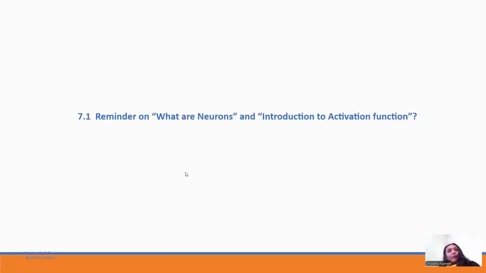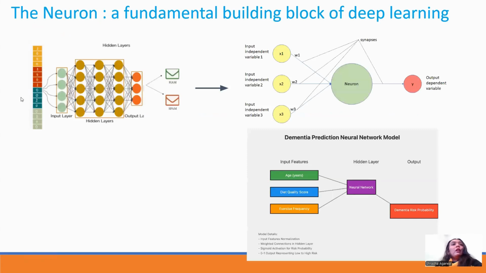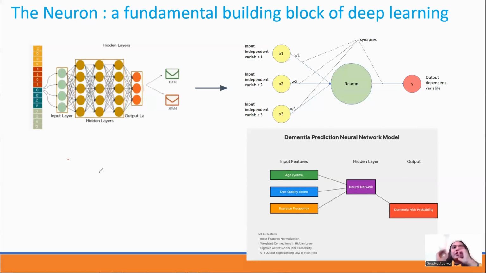Okay, guys, let us have a quick reminder on what neurons are and on the problem that we did in lecture 6. And then let's introduce activation function. Guys, what is a neuron? So in front of you, you have something called a neural network.